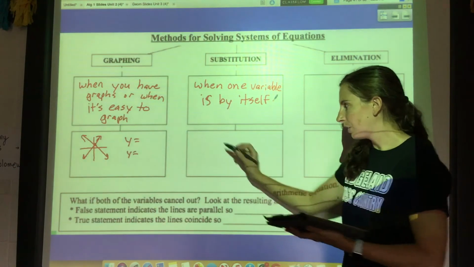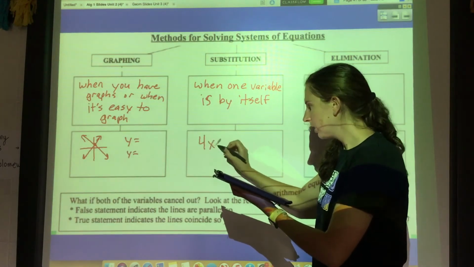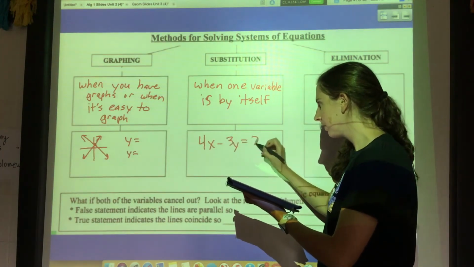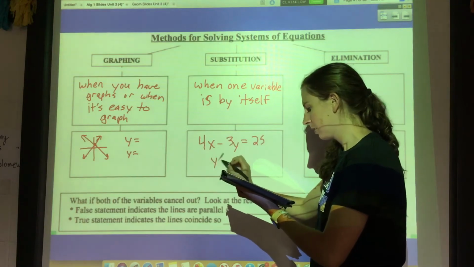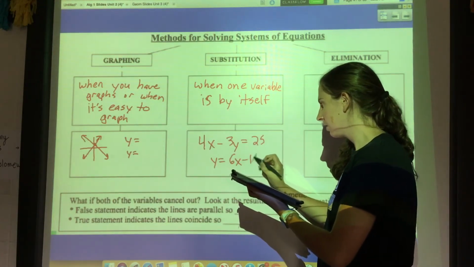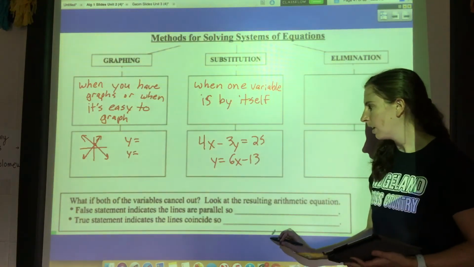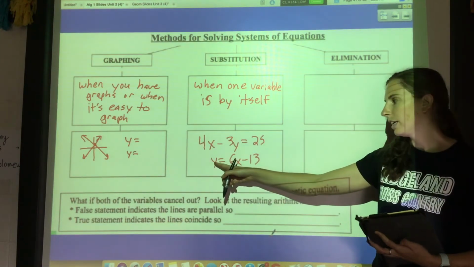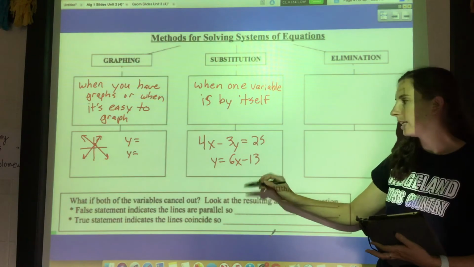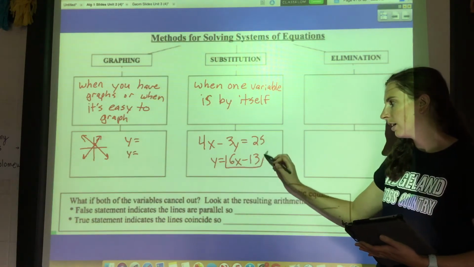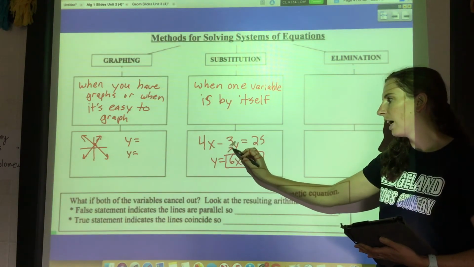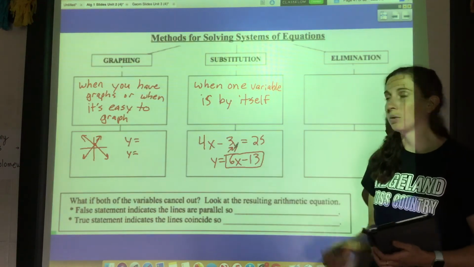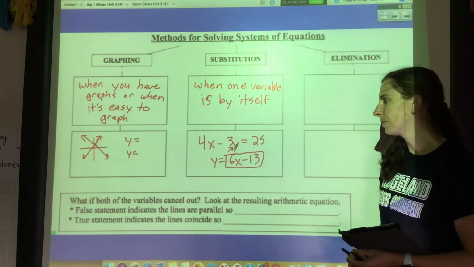For example, if you had this system of equations, notice that the y variable here is by itself, and so I could pretty easily substitute this in for that y, and so substitution would be pretty easy on that one.